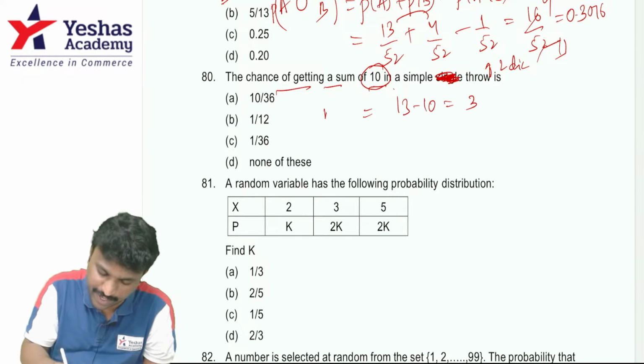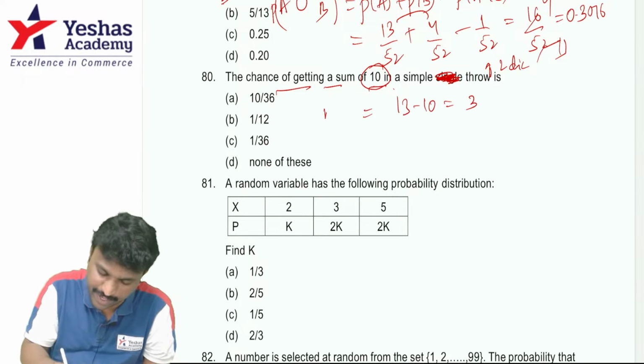E power minus 4, m is again 4, x value is 2, divided by 2 factorial is 2. Now clearly 4 square is 16. 16 by 2 is 8. So 8 into e power minus 4, or 8 by e power plus 4. Option A is the right answer.